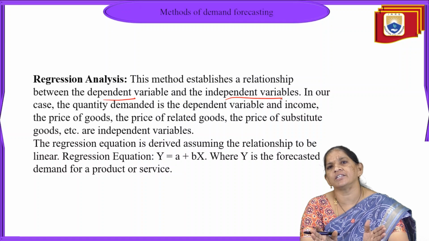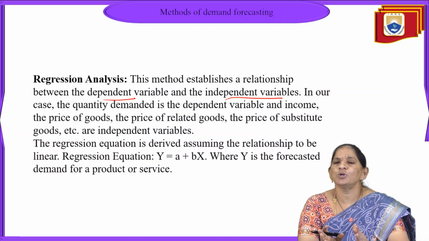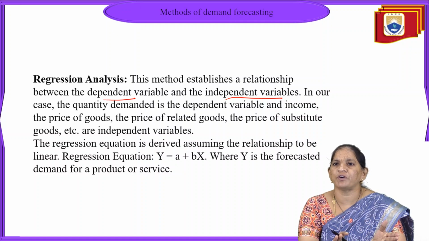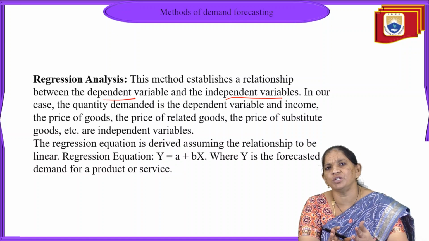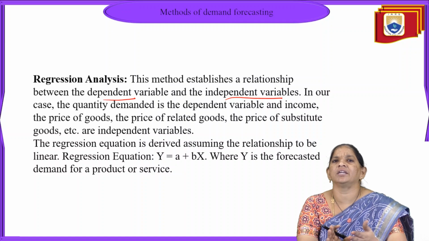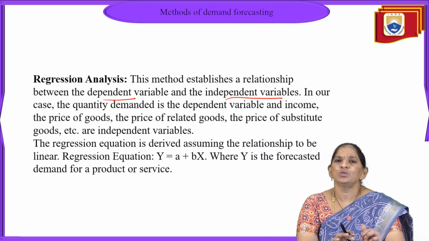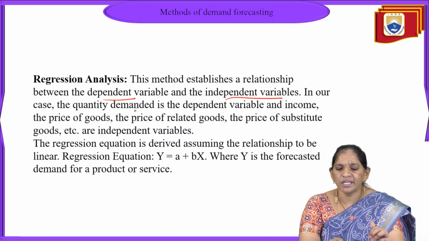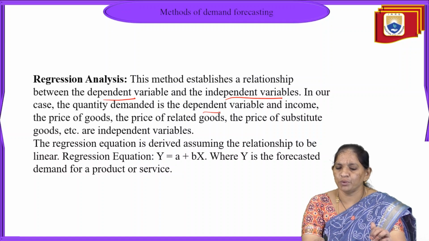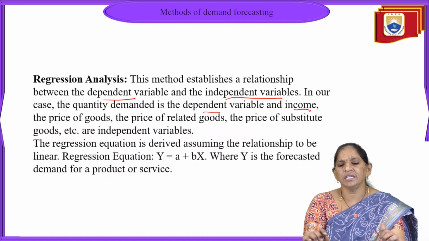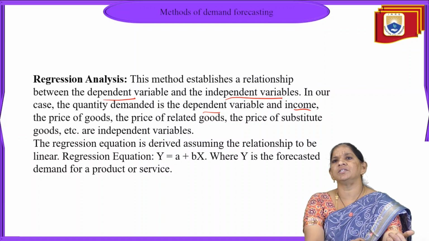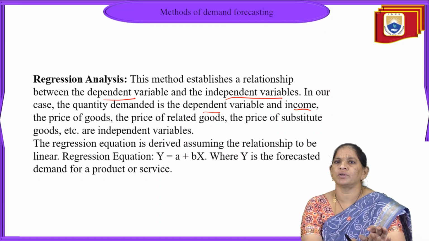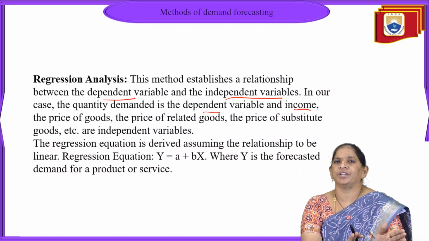Two types of factors are to be considered, and based upon those we identify what sort of relation is established between that factor and demand forecasting. In this case, the quantity demanded is the dependent variable. For example, we take income, the price of the goods, or prices of related or substitute goods as independent variables.